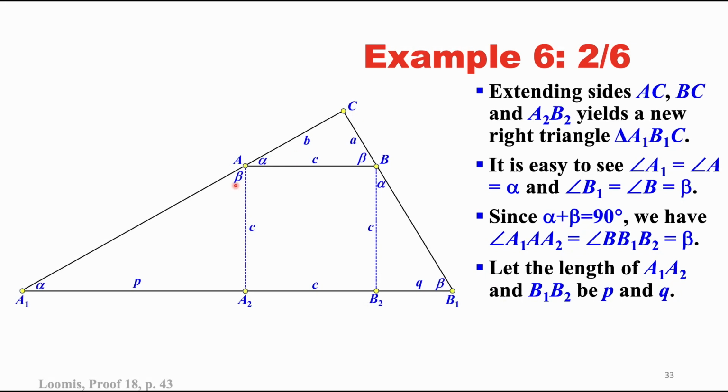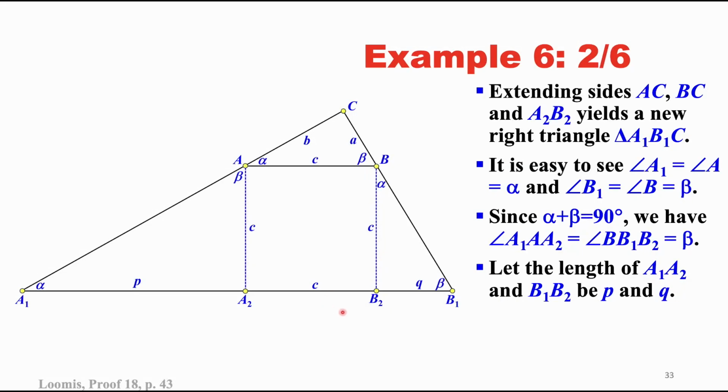Now, what is this angle? This is 90 degrees, so this angle has to be beta because alpha plus beta is 90 degrees. Similarly, this angle is alpha because alpha plus beta is 90 degrees.